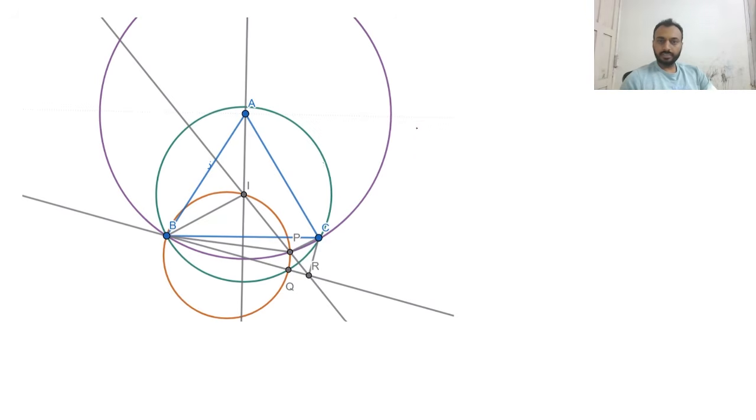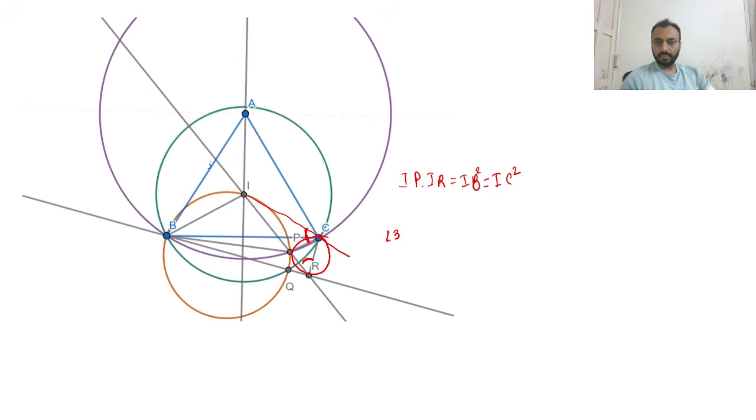Now again, using the same condition, as we have IP into IR is IB square, and as IB is equal to IC also, this is equal to IC square also. So now we can draw a circle passing through P, C, R, and IC is a tangent of that circle, right? Now in this, CP is a chord of this circle, so this angle should be equal to this angle.